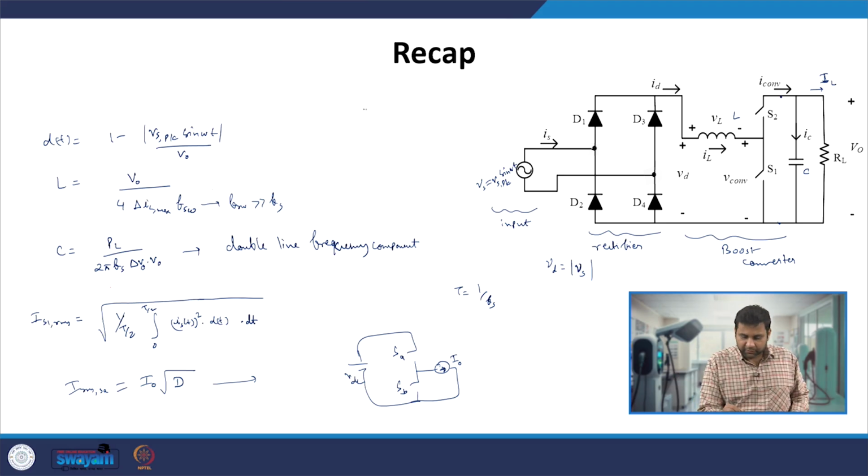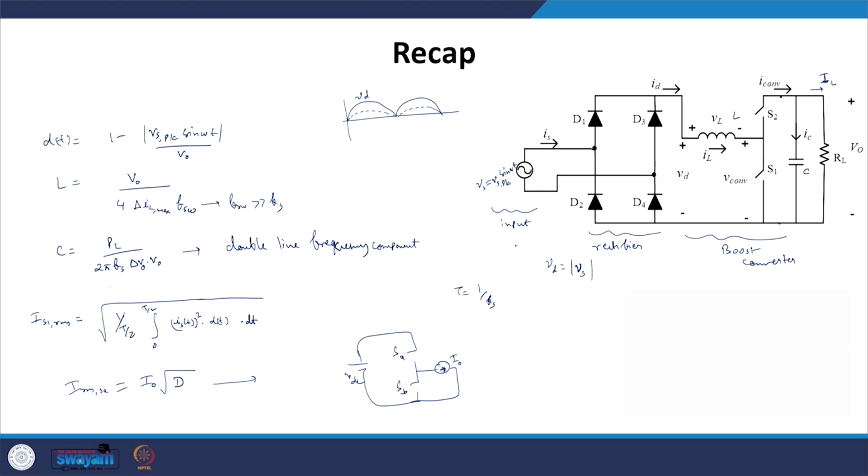It repeats after half the cycle, because if we see, the Vd will look like this, and IL average, or ID average, will also look like this, because we are making sure that the converter is operating with a unity power factor. The current drawn from the AC voltage source will have the same phase as that of the grid voltage.